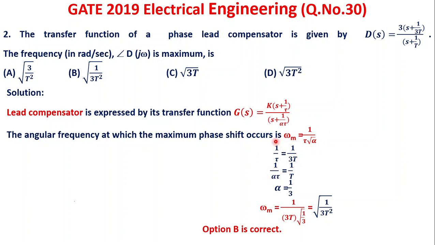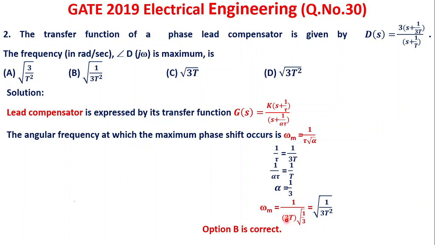The frequency at which the maximum phase shift occurs, ωm, is found from the same formula. We know 1/τ is 1/(3T) and 1/ατ is 1/T. If we divide one by the other, we get α as 1/3. Now you know α, and from 1/τ we can calculate τ: τ is 3T.